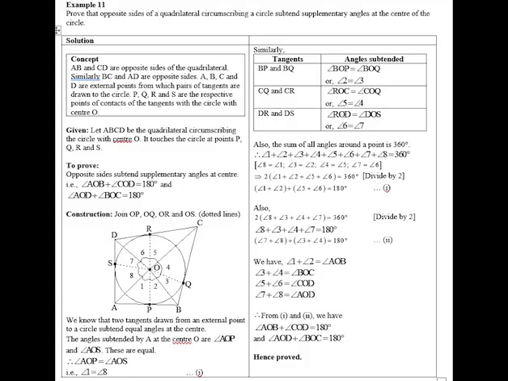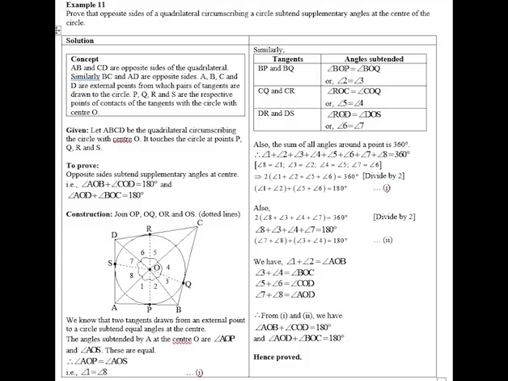Also, the sum of all the angles around a point is 360 degree. Therefore, angle 1 plus angle 2 plus angle 3 plus angle 4 plus angle 5 plus angle 6 plus angle 7 plus angle 8 is equal to 360 degree.